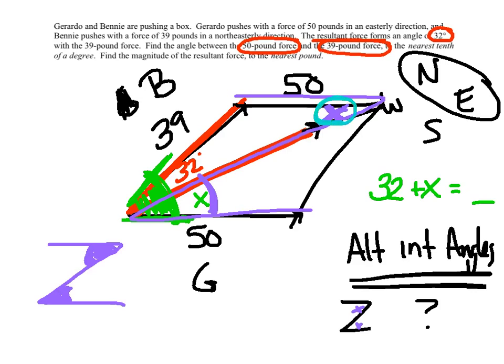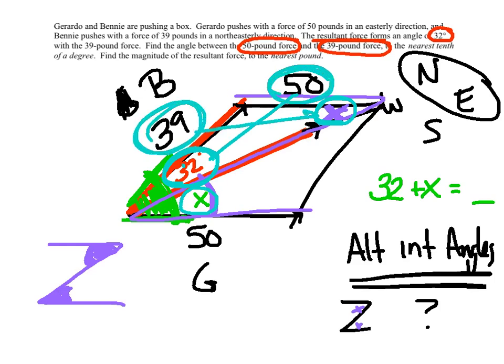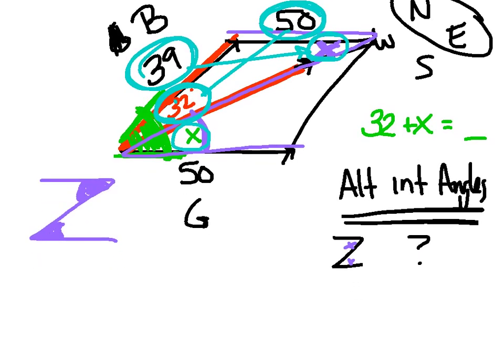So let's see if we have sines or cosines. I know angle 32 is across from 50, and I know 39 is across from x. So I can go law of sines. I'm going to say the sine of 32, and the side opposite is 50, equals the sine of x, and its side opposite is 39.